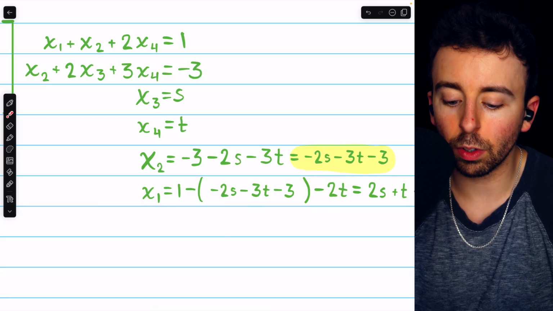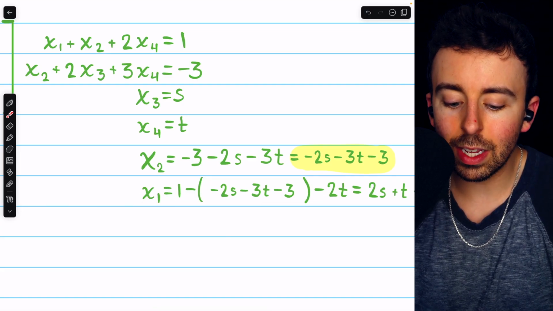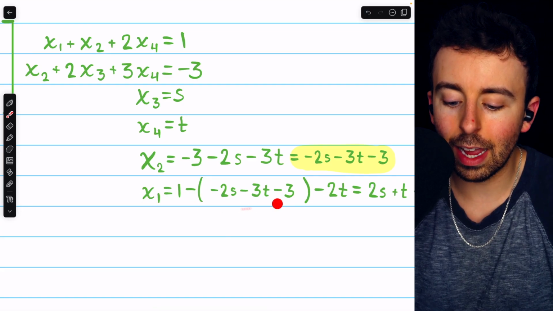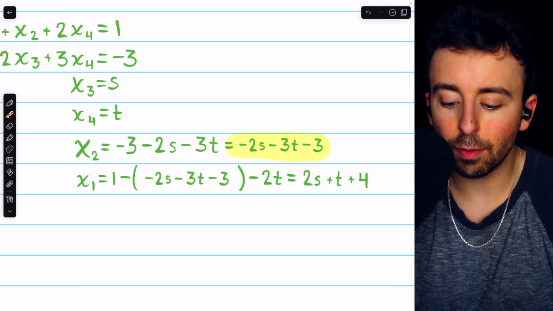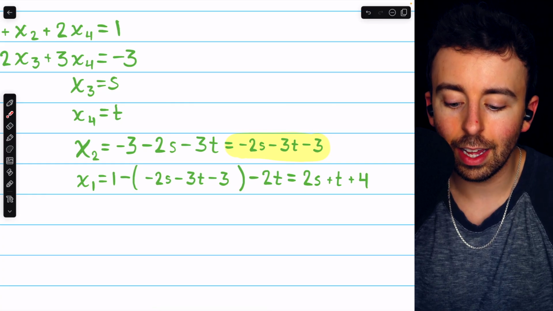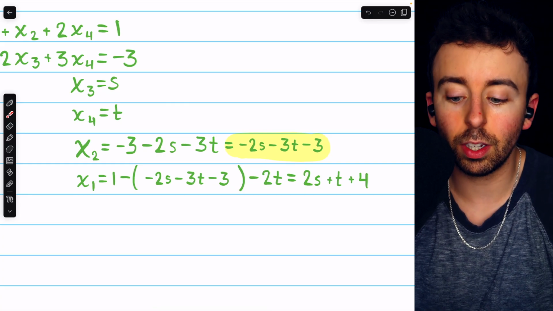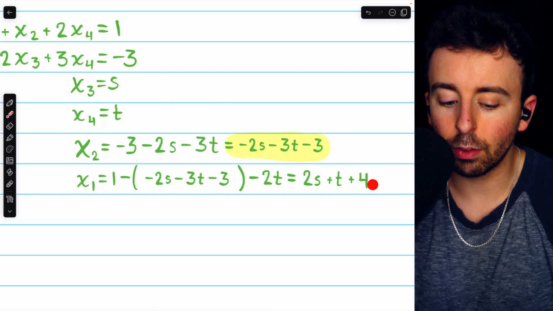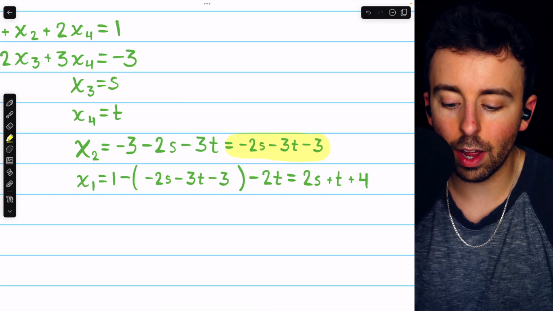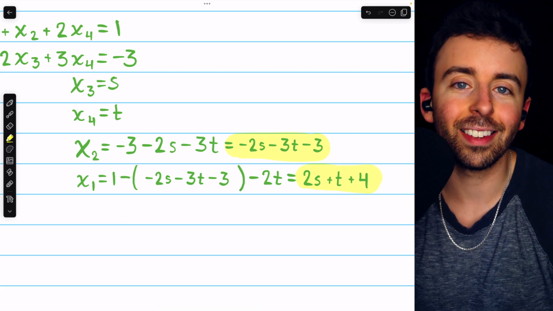So x1 equals all of this stuff. Now we can distribute this negative and combine like terms. Then we have negative 2s, that's positive 2s. Negative 3t minus 2t is... 3t minus 2t, so 1t. And then 1 minus negative 3 is 4. So this is x1 expressed in terms of s and t.